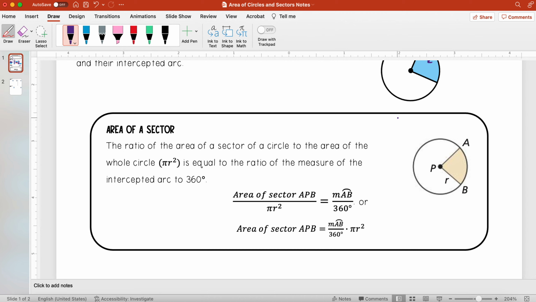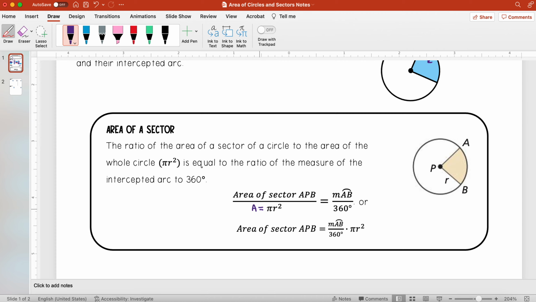And so we have a formula to find the area of a sector. It is found by the ratio of the area of a sector of a circle to the area of the whole circle, which remember is pi r squared, is equal to the ratio of the measure of the intercepted arc to 360. So really similar to what we did with circumference, but now we have the area of the sector over the area of the circle.